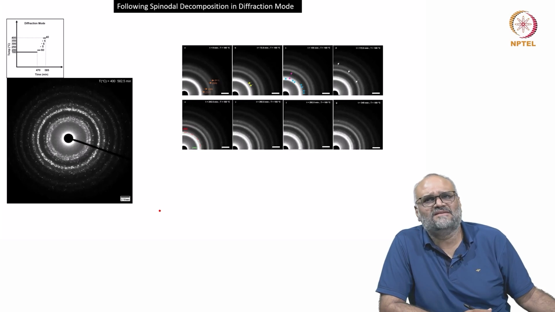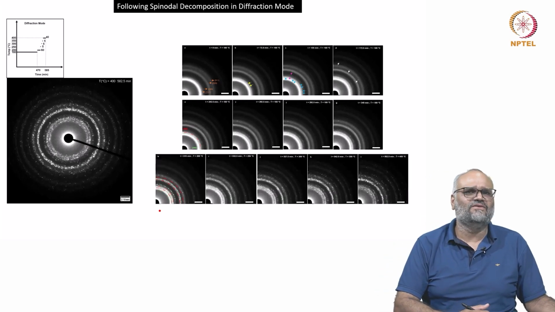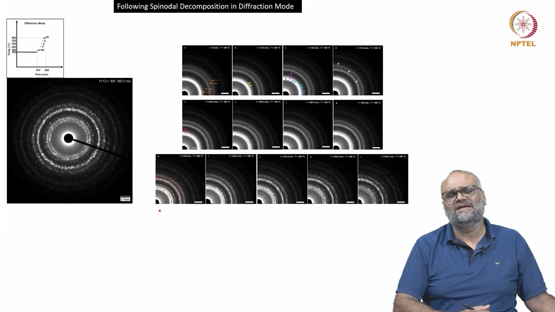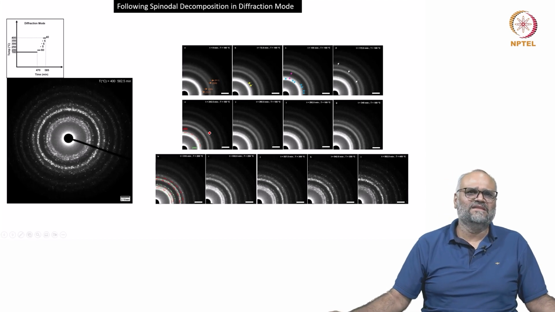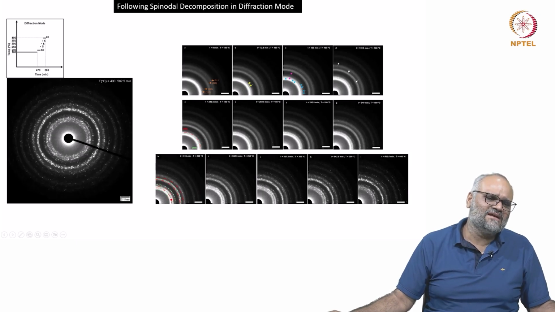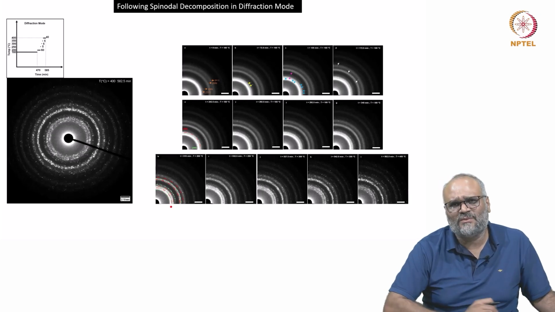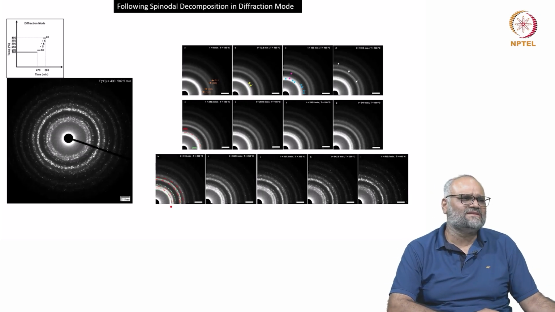And this is what you can do in diffraction mode. And if you do analysis and deconvolution of these rings here, you can see exactly that the percentage formation of the secondary phase is proportional to the compositional variations that we actually observed with EDS as well.